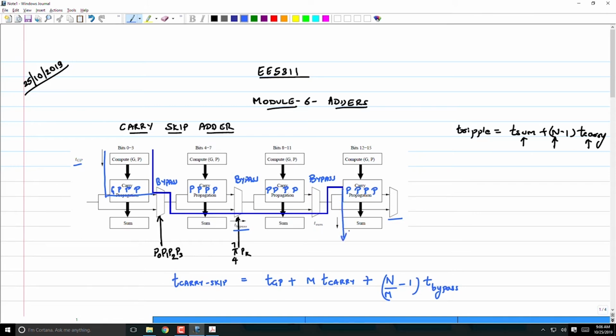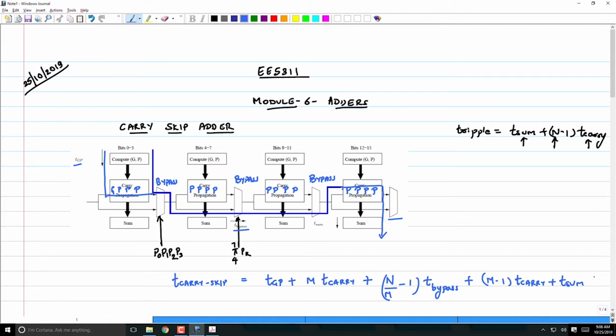Or in fact, I need to draw this on that side. Propagate and then bring it out here. So therefore, we said that the last stage is going to be M minus 1 T carry plus T sum.